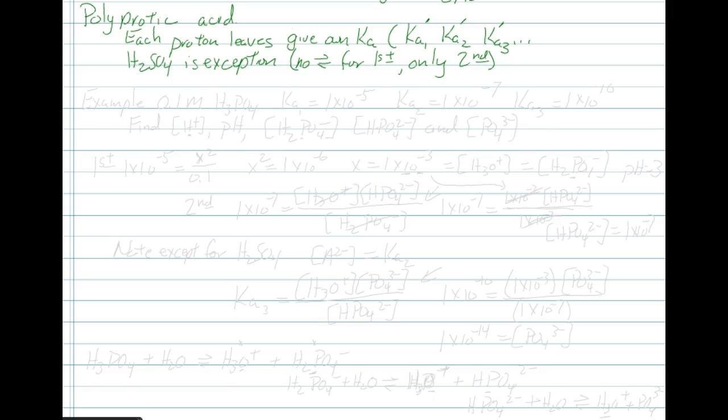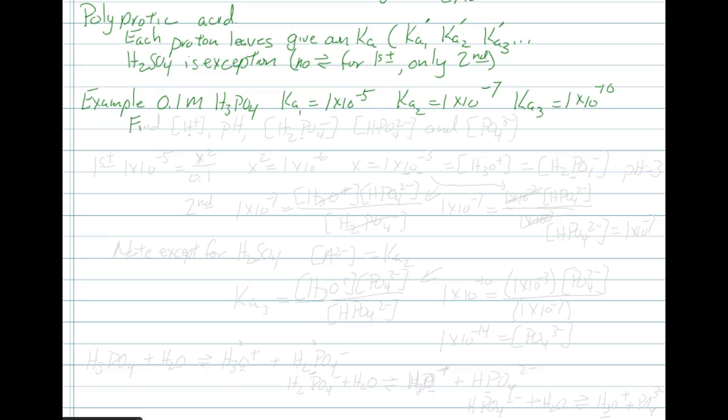For example, and I'm going to write down the problems down below, and this is one of the objectives, you have 0.1 molar phosphoric acid. Ka1 is made up to be 1 times 10 to the negative fifth, Ka2, 1 times 10 to the negative seventh, Ka3, 1 times 10 to the negative 10th.